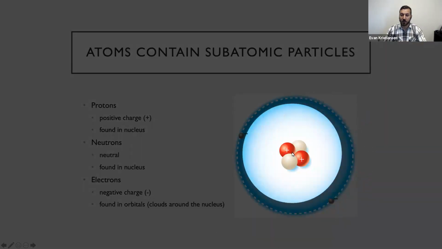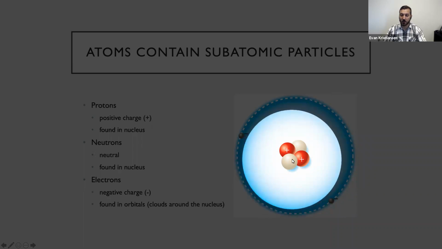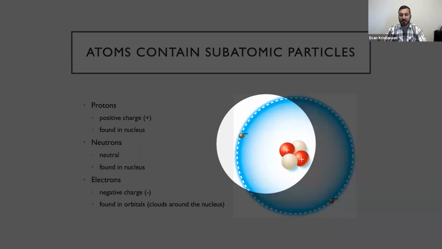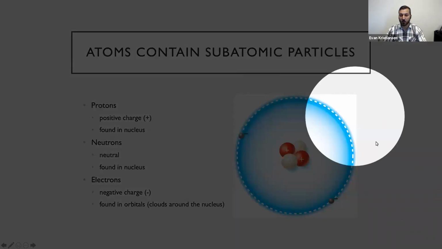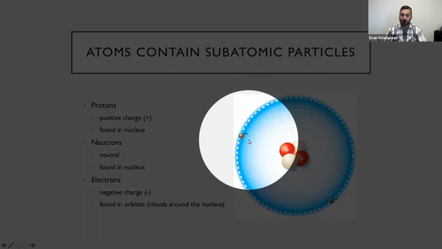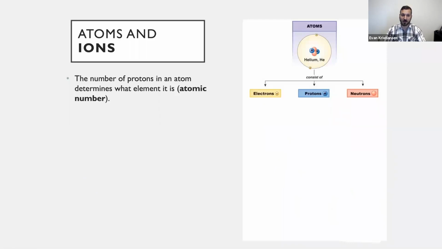So these red ones with the plus signs are the protons, and the white ones with no sign at all are the neutrons. And then out in these orbitals around the nucleus, we find the electrons. Electrons are much smaller than protons or neutrons, have a much lower mass, and as I say, are found in these orbitals, these sort of clouds that surround the nucleus.